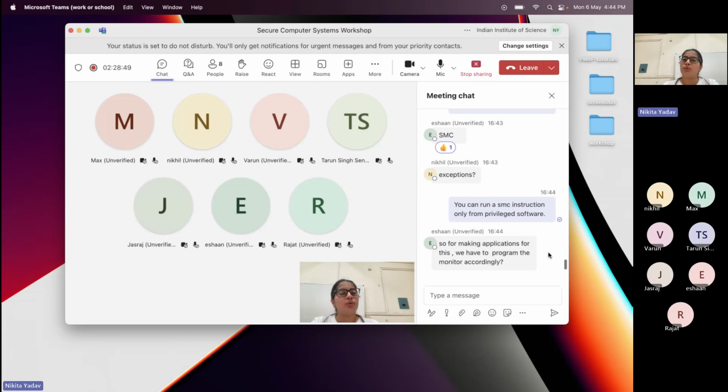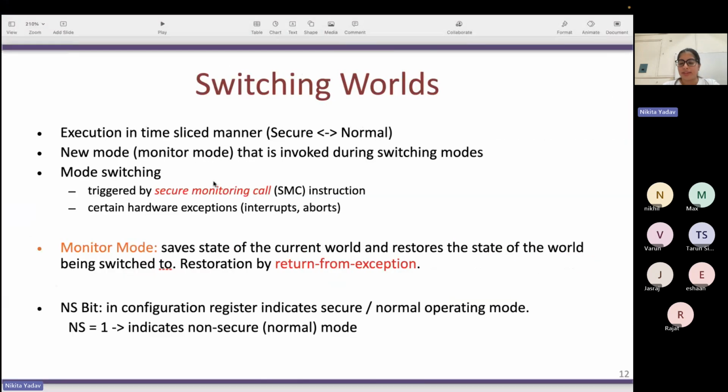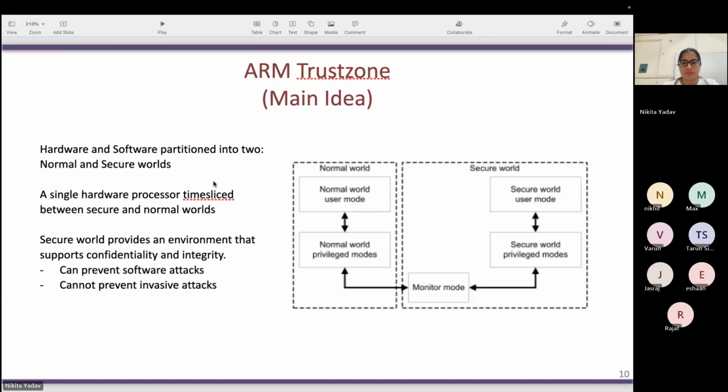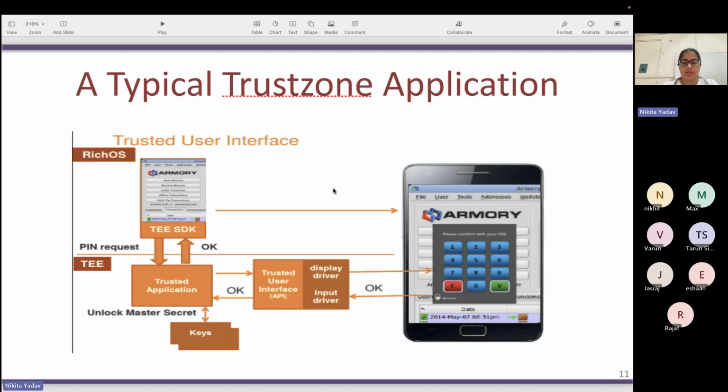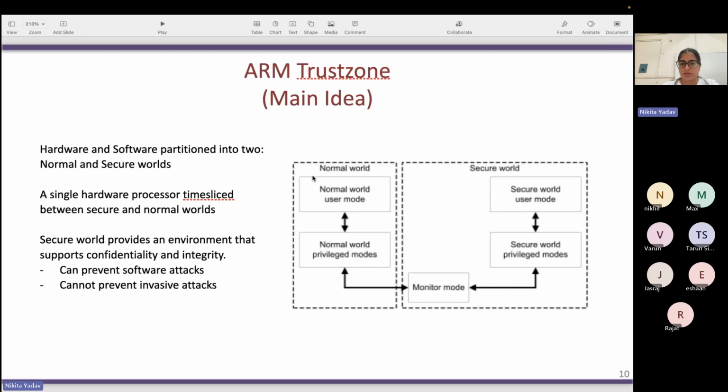No, no. You don't have to program the monitor. You're going to write your application, right? And your application, say this Armory application which we are showing here, is running here.